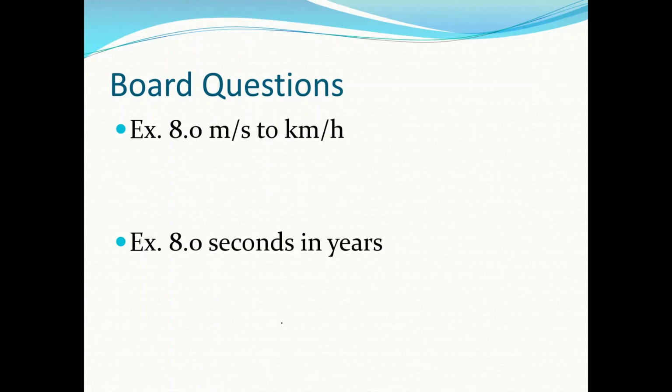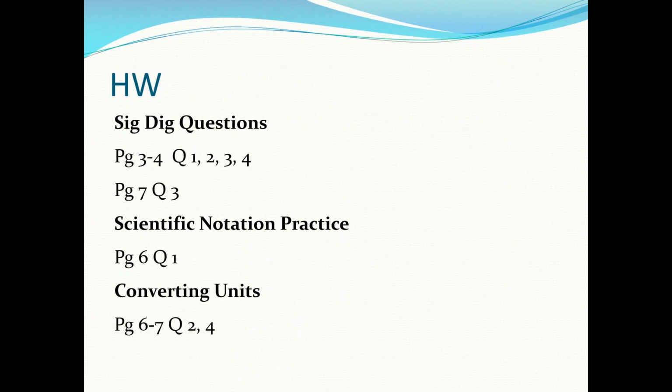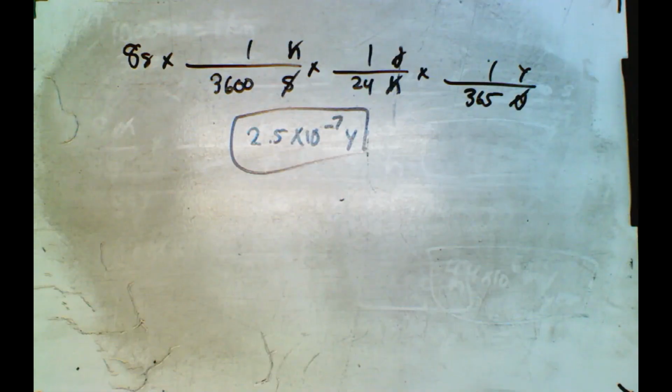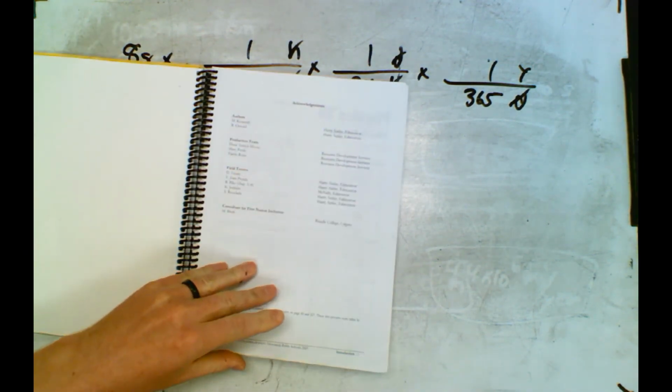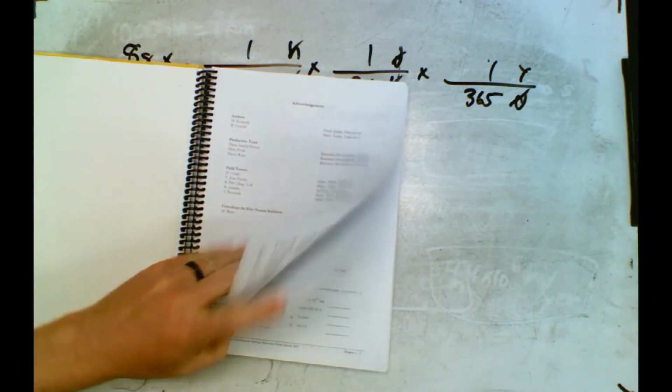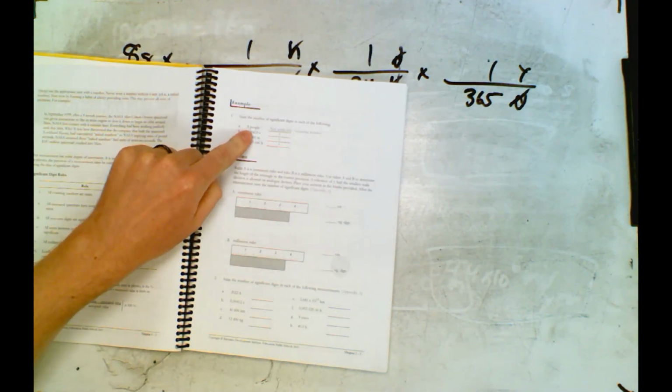And that is it for this lesson. So this is our homework. Sig Dig questions, scientific notation practice, converting units practice. So let me just go to this. All the homework is in your workbook here. If I turn to page 3, you'll notice that there's examples on top.